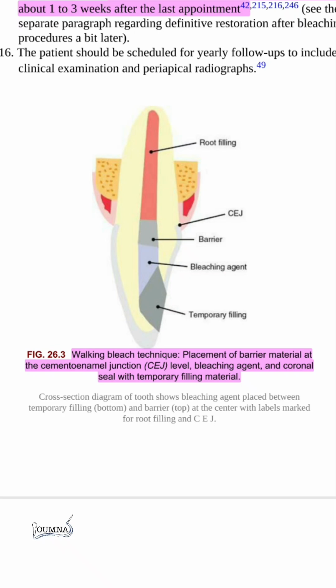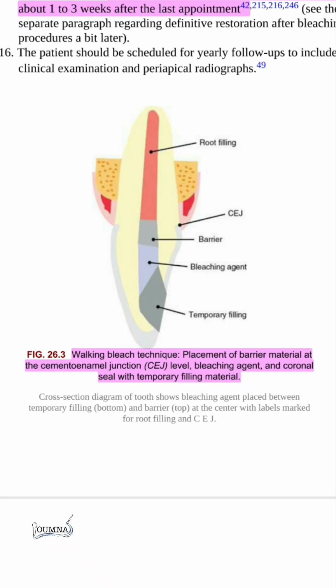After that, we mix the sodium perborate with distilled water or with the anesthesia solution until we reach a wet sand consistency, and we apply it over the barrier. Then we use a cotton pellet and dab it gently on the bleaching agent to decrease the moisture a bit, and we close the tooth with a temporary filling.